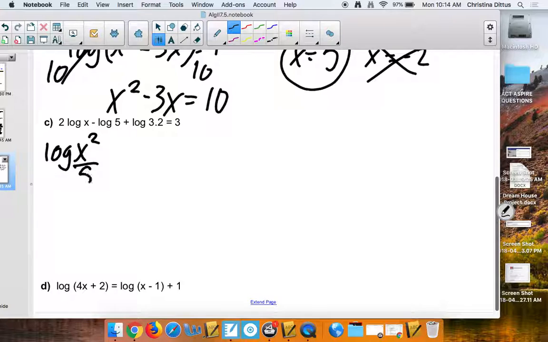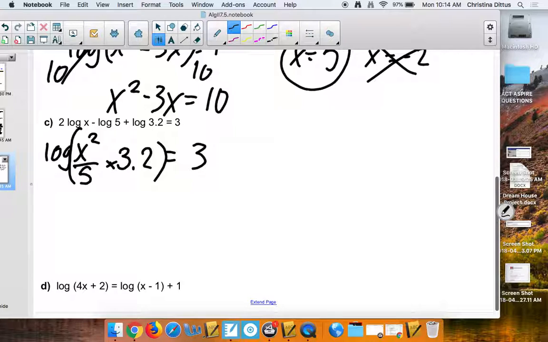What does plus mean? Multiply. So times 3.2. That looks super ugly, but that's okay. Okay, questions on where all that mumbo jumbo came from?